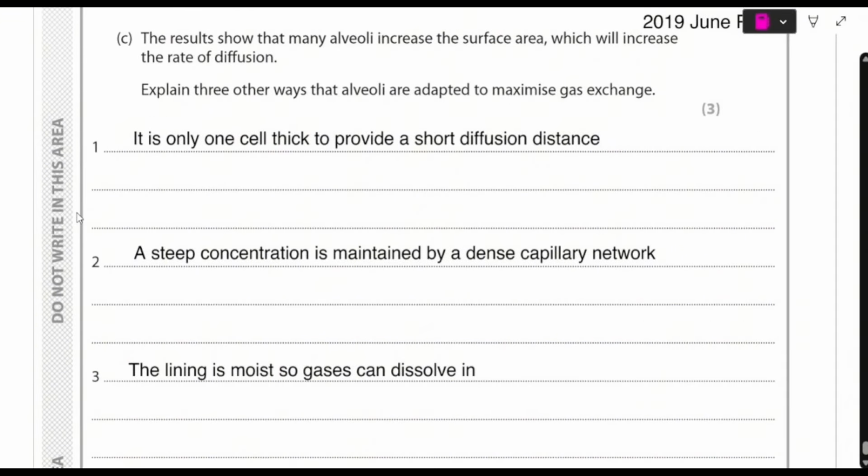There are these three things: it is one cell thick to provide a short diffusion distance, then it has a steep concentration gradient which is maintained by a dense capillary network, and the lining is moist so the gases can dissolve in.